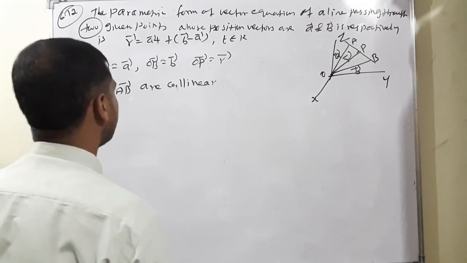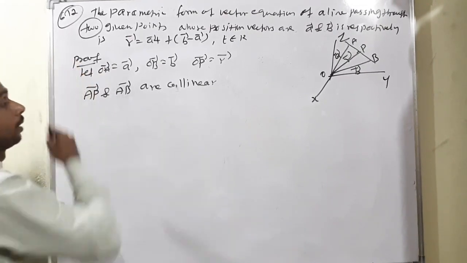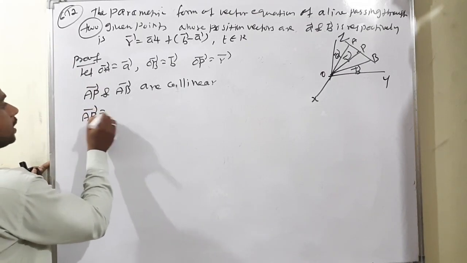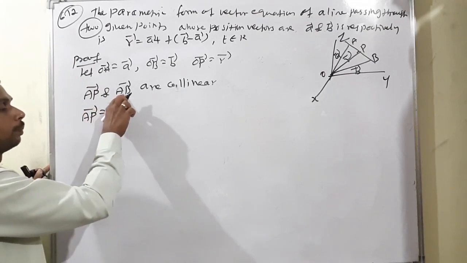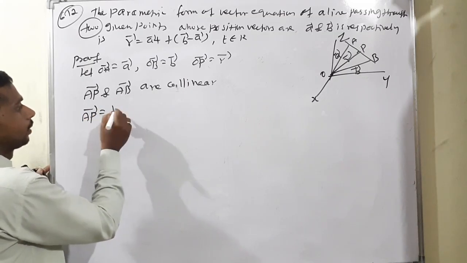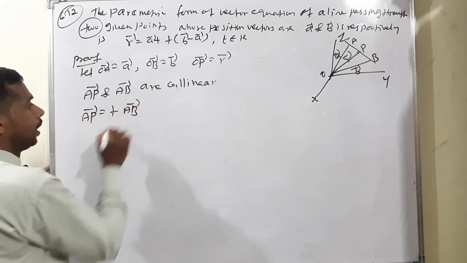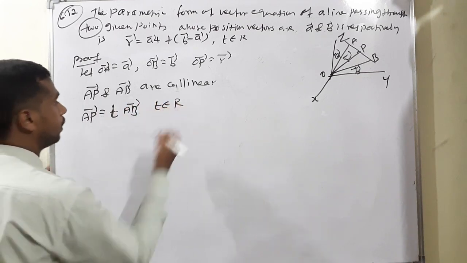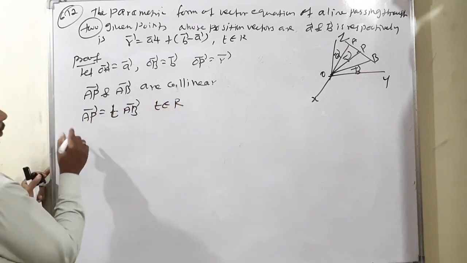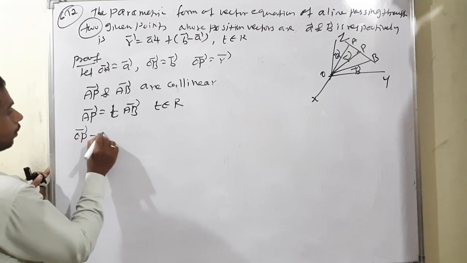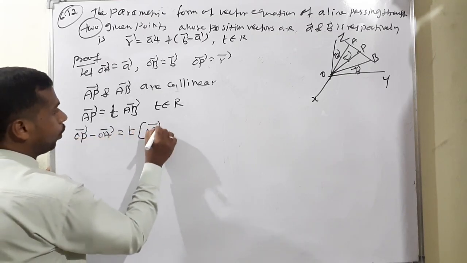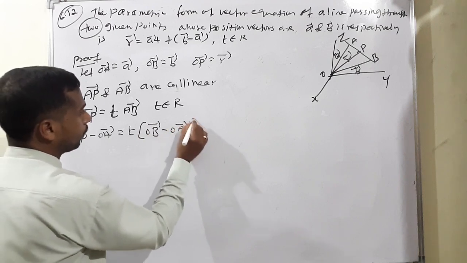Parallel means AP vector is equal to some scalar multiple of AB vector. So AP vector is equal to T into AB vector, where some scalar T belongs to real numbers, isn't it? Now what is the meaning of AP vector in position: OP vector minus OA vector is equal to T into OB vector minus OA vector.